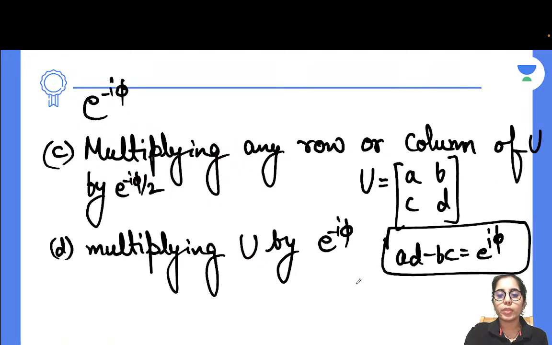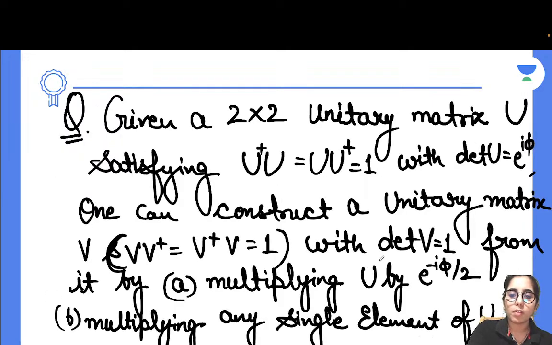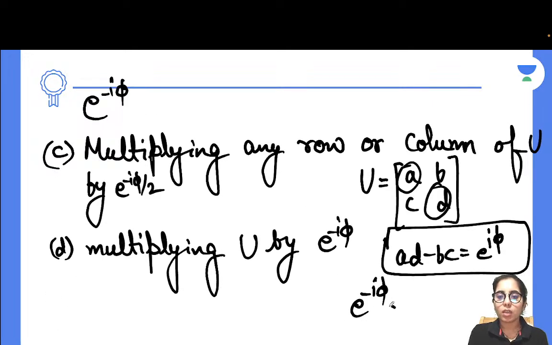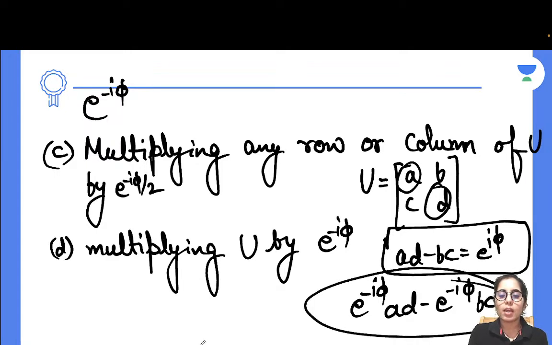When you do that, you will have e to the power negative iota phi by 2 here and here, because you multiply that with U. So it will give you e to the power negative iota phi. Is it negative power? Yeah. Same way, AD minus e to the power negative iota phi, B and C will be there, right? Now let's take e to the power negative iota phi common.